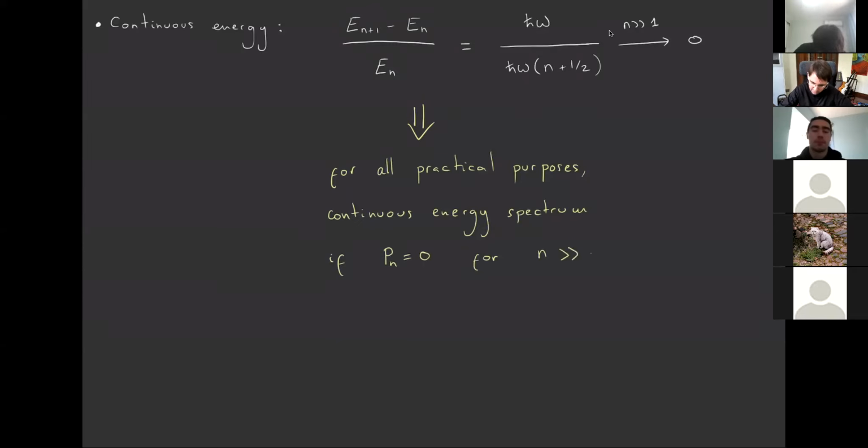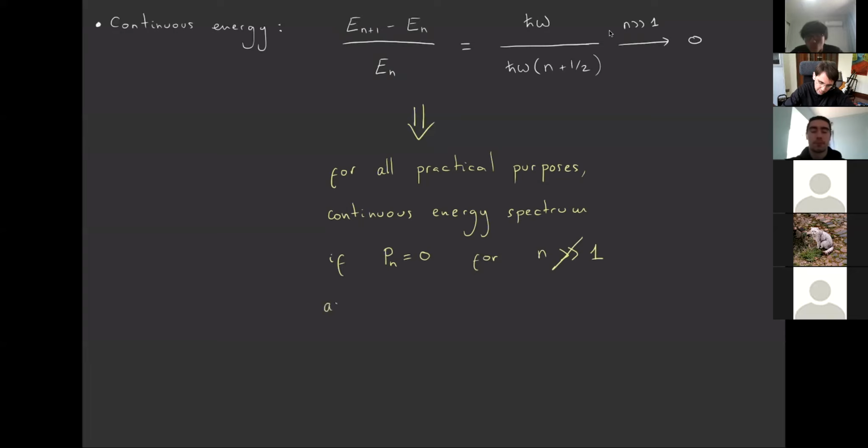So let's say for n's which are not much larger than 1. If we are sure that we cannot measure small energies in the experiment, then we are sure that we will never observe quantization, because the energy difference between the quantized levels is much smaller than the energy itself.